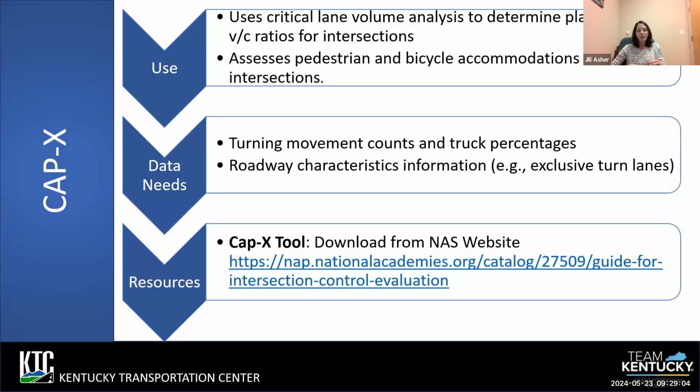And it doesn't address every detail of an intersection operation. So I just want to stress that if you do CapEx on an intersection and you don't feel comfortable that it really justifies the actual capacity of the intersection, and there are a lot of assumptions, and it'll show those on the tools, and some of the assumptions it makes really don't represent your intersection type or your situation, then I would strongly suggest you take that intersection alternative and move it on to stage 2 and look at it with another program.